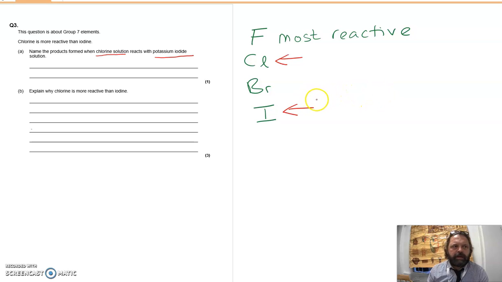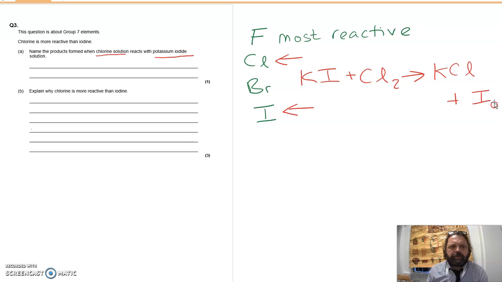So when the chlorine reacts, it will push the iodine out of the way. The potassium iodide would react with chlorine. The chlorine is more reactive than iodine, and it would take its place and make potassium chloride, and the iodine will be pushed out of the way.